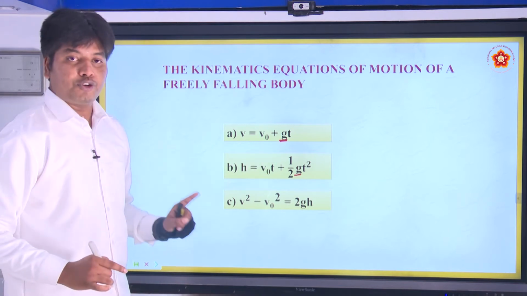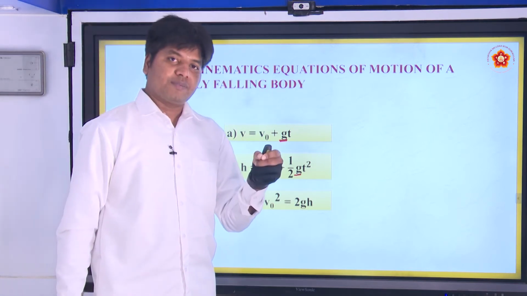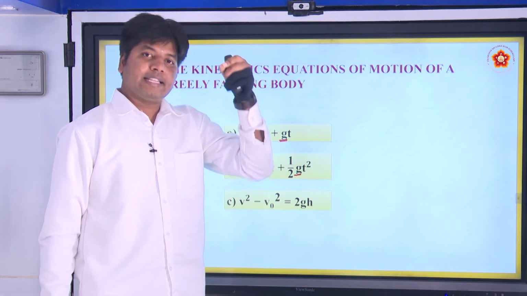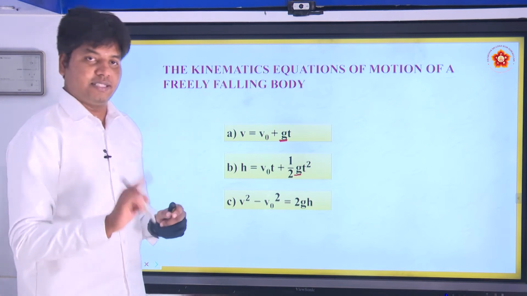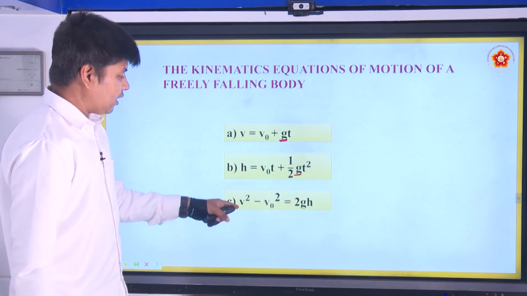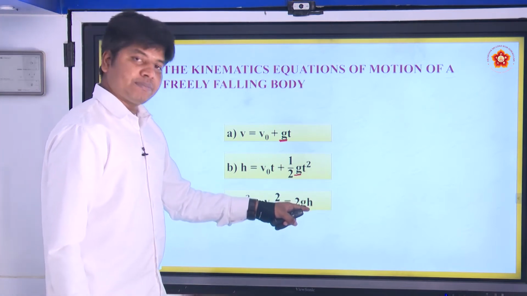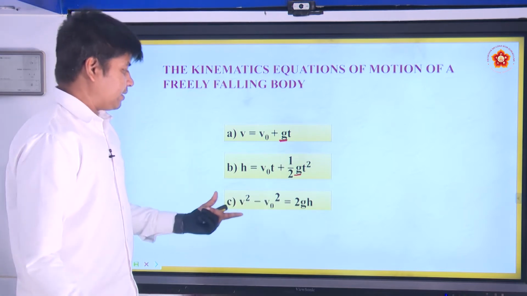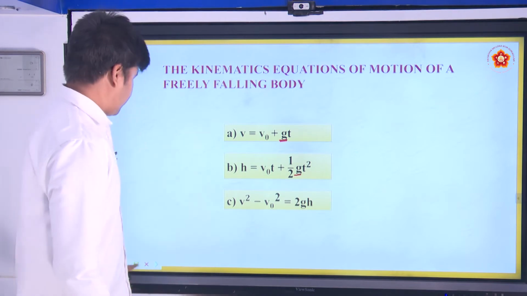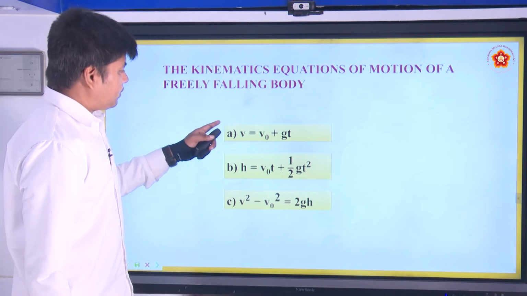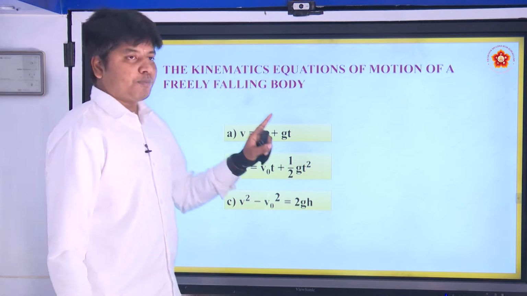The point to be noted is that, for a freely falling body, the acceleration and the velocity are in the same direction. Hence we wrote it as a plus g. And also here x becomes h, and a becomes g. So everything else remains the same. Alright, so using this for the freely falling body, what do we know?